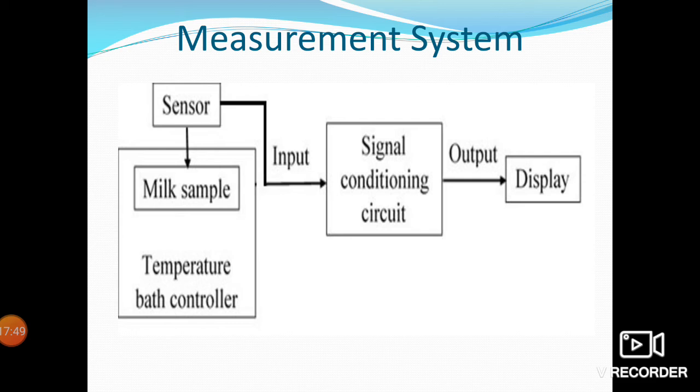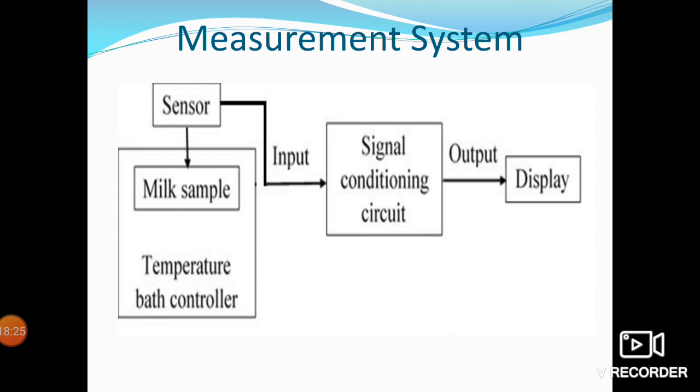The signal conditioning circuit is basically a circuit designed for the purpose of manipulation. Manipulation means whatever it receives as an input from the sensor, it needs to manipulate, change, and modify that signal, and then you get an output in the form of a display or a controlling system.